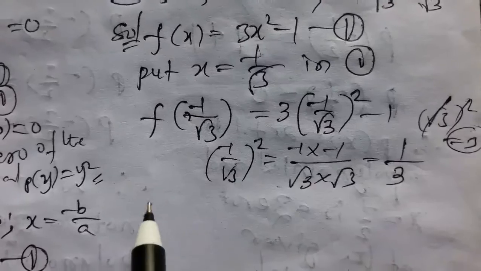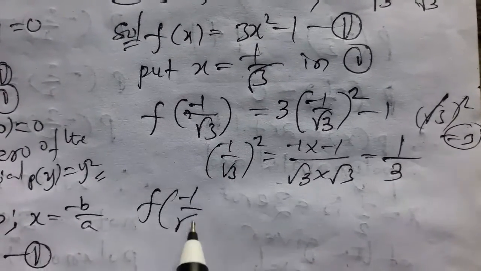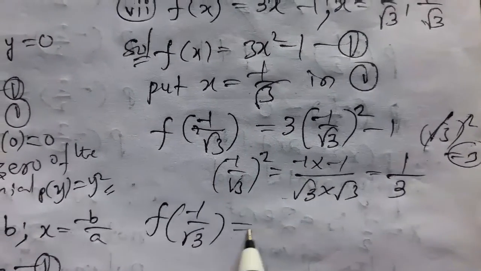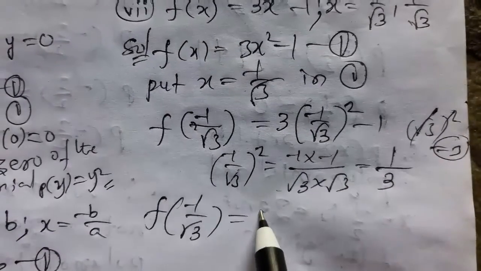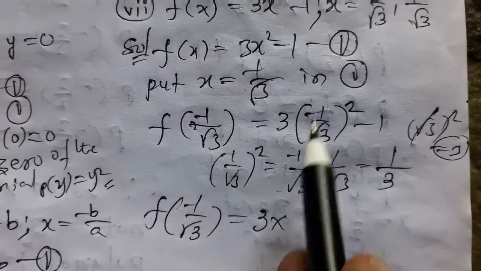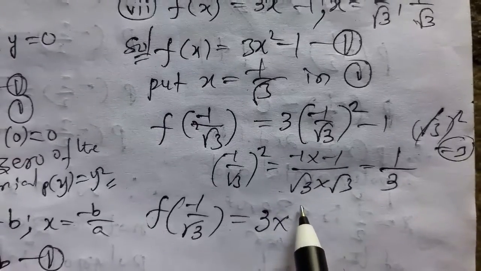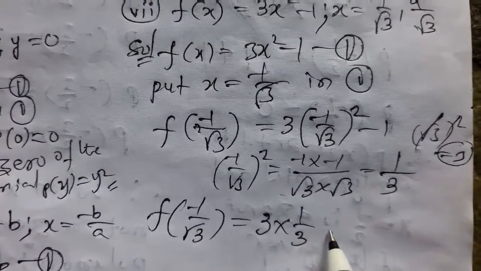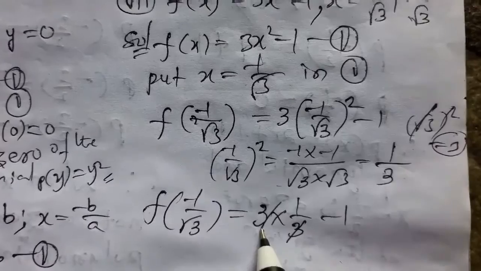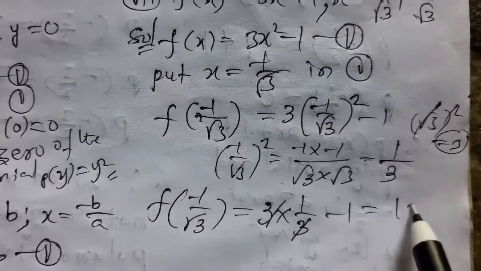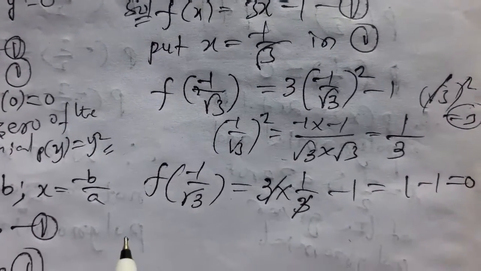Now f of minus 1 by root 3 equals 3 into 1 by 3 minus 1. This cancels, that becomes 1 minus 1, which equals 0.